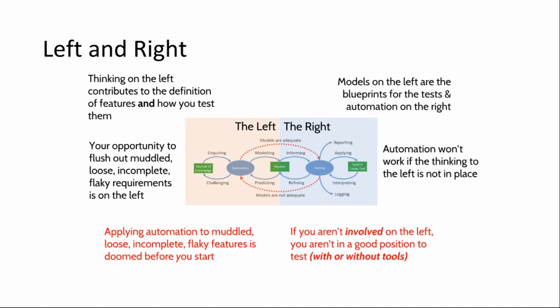If you as a tester are responsible for testing and maybe test automation, and you aren't involved on the left, you don't have an input to the definition of the requirements, to challenge those requirements, I'd say you aren't in a good position to test at all, whether you're using test automation or you're doing it manually. If you don't understand the requirement, you cannot come up with meaningful tests. And certainly tests that people will pay attention to if you discover what you believe are anomalies.